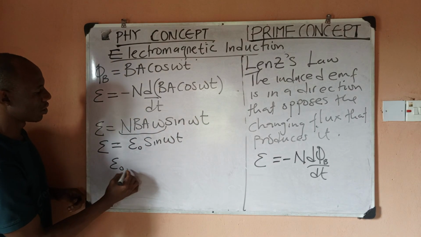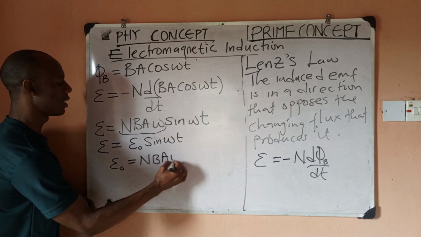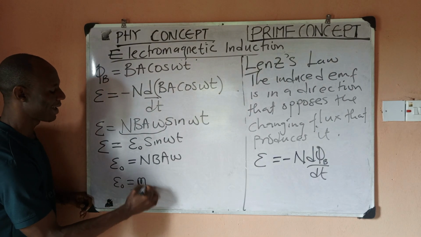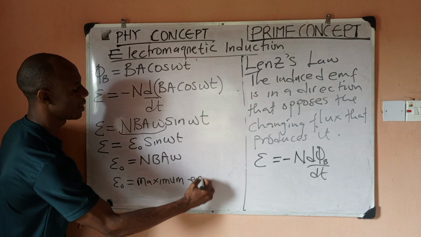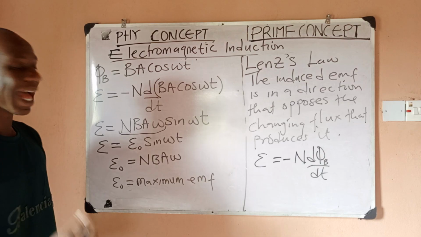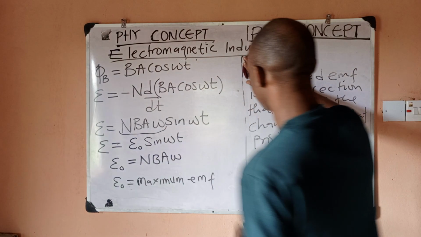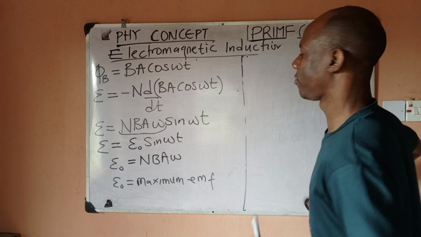So epsilon naught is equal to NBA omega. Epsilon naught is known as maximum EMF. You can still call it peak EMF, amplitude EMF or maximum EMF, right? So that is Faraday's law in another form.